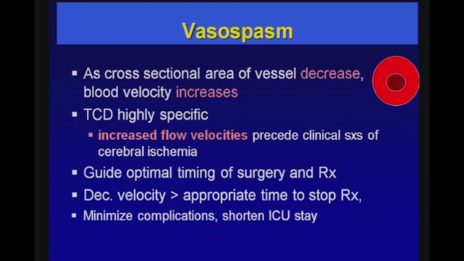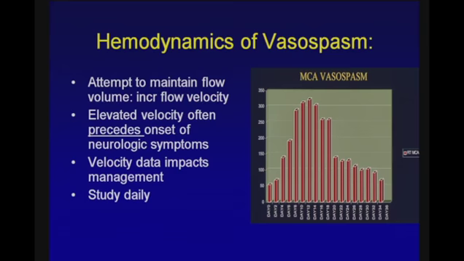And one can follow the velocities as they decrease, helping to time the appropriate occurrence of stopping therapy. Elevated velocities, as I mentioned, often precede the onset of the neurologic symptoms. And many centers now study the resistive indices and peak systolic velocities of the MCA daily in these patients.